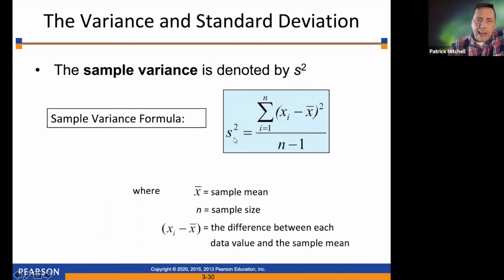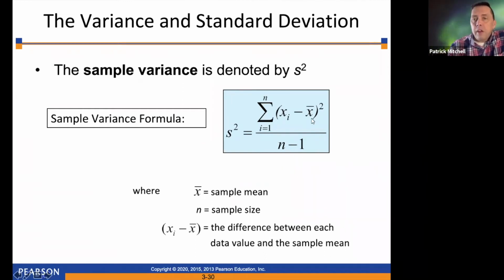This says to calculate the sample variance, which is called S squared, you take the sum, remember the capital letter sigma stands for sum, of a bunch of numbers that have this form. And then after you've done that, you divide by the sample size minus 1.